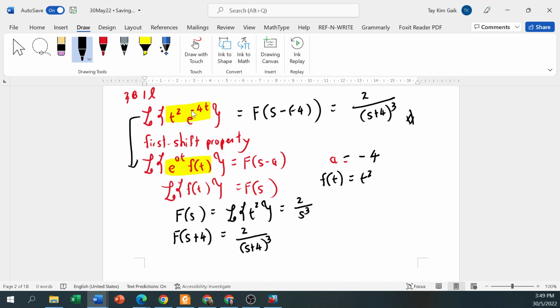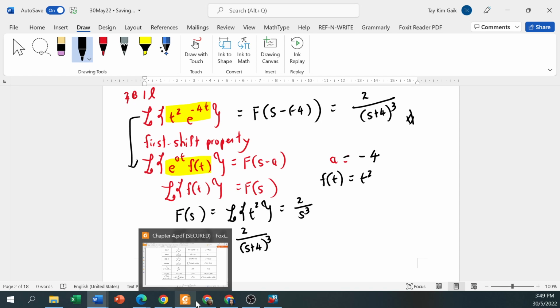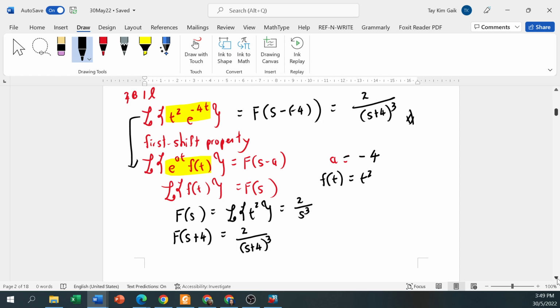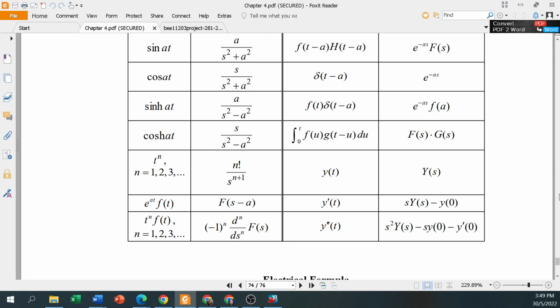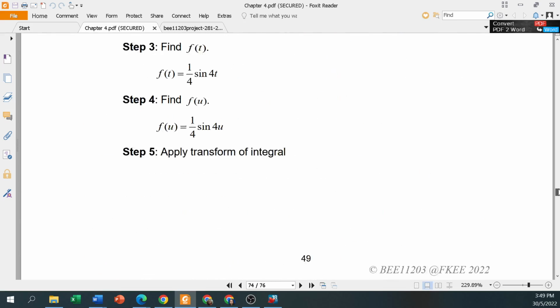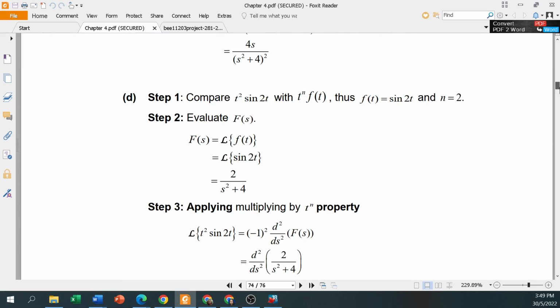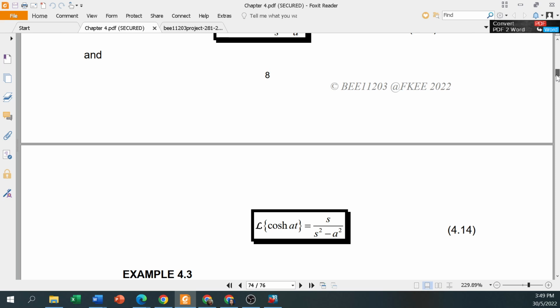For the first shift property, you have the product form where one of the functions must be e to the power at. And let's see if there are any more questions that can be done. 4b, 4b.